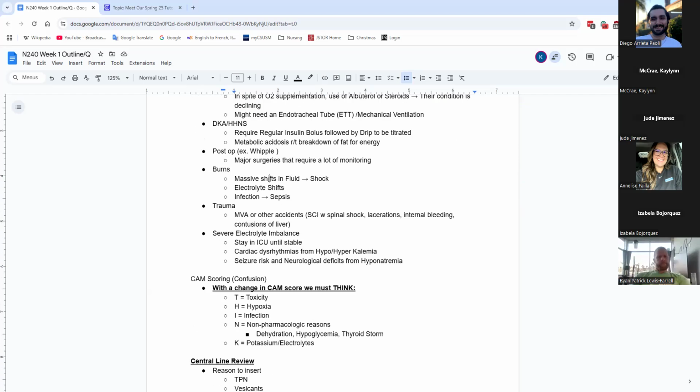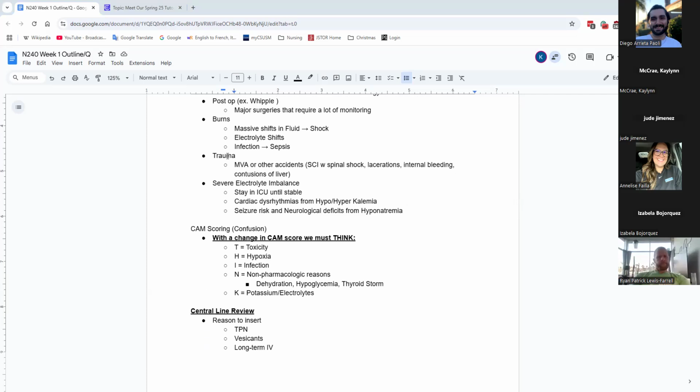So with burns, I'm sure you might have seen some of these on Kaplan stuff. I think while doing your F&E, it gives you some burn questions. So there's electrolyte shifts in burns, shock risk, and because it can be open, it hits you with some infection as well.